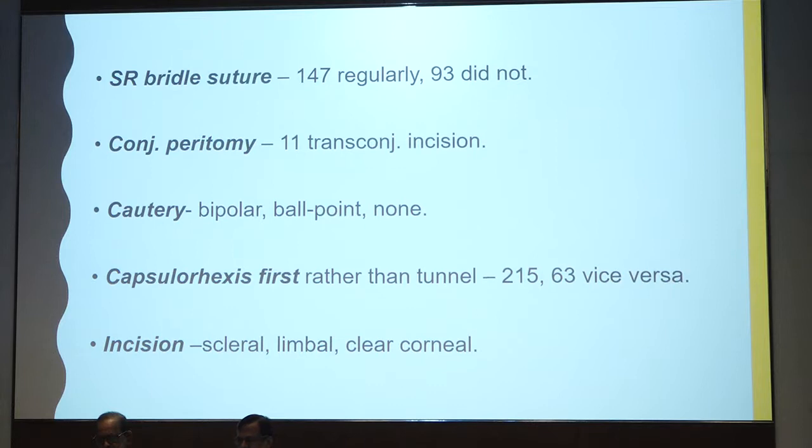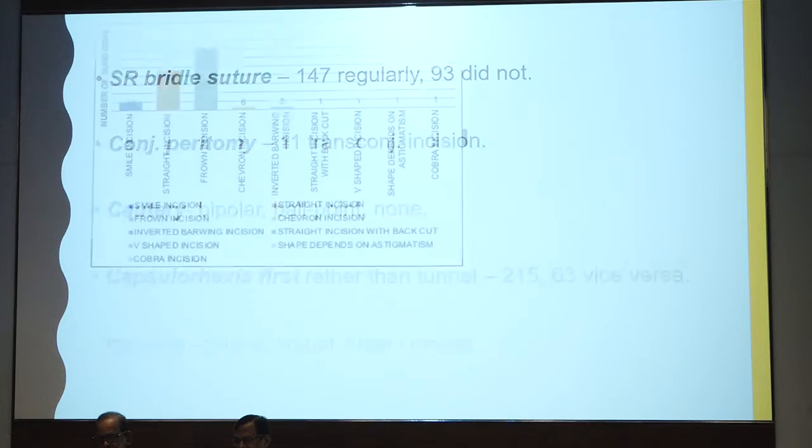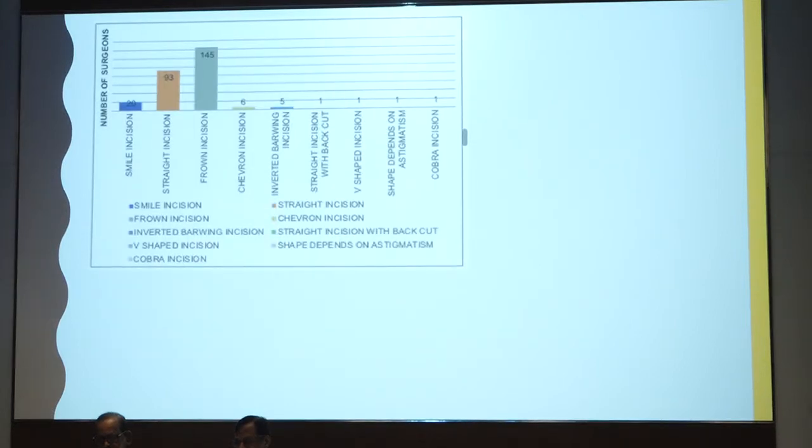I'll not go into all the numerical statistics because of constraints of time, but mainly show you the variations that exist. Incision again scleral followed by limbal, and there are those who do a clear corneal also. Coming to the shape of the incision, again a myriad of variations exist. The most commonly performed incision is the frown incision, followed by the straight incision and smile incision, and there are others also with back cuts and V-shaped and all those.